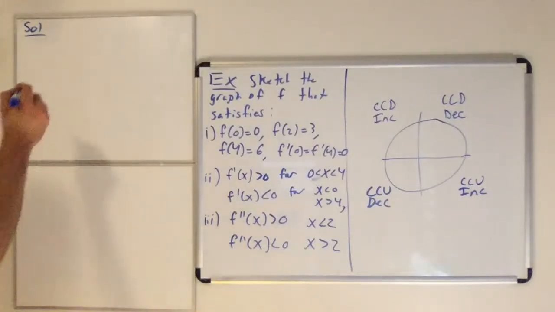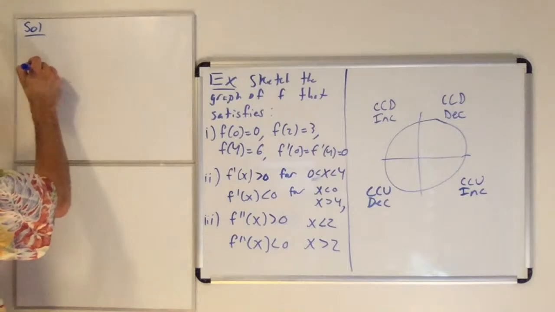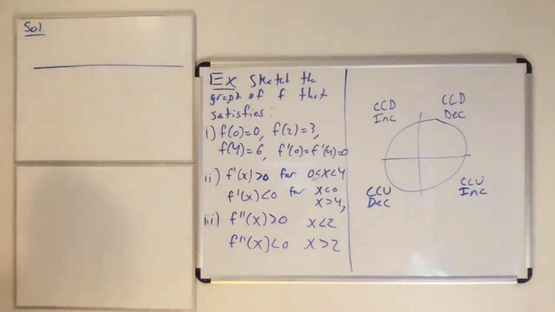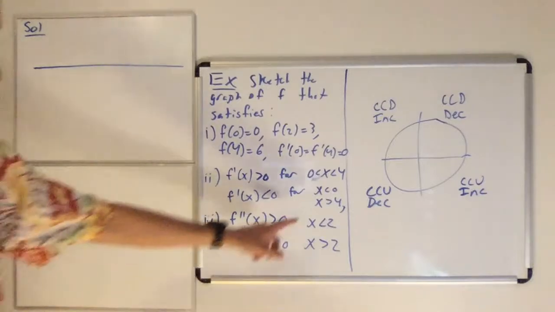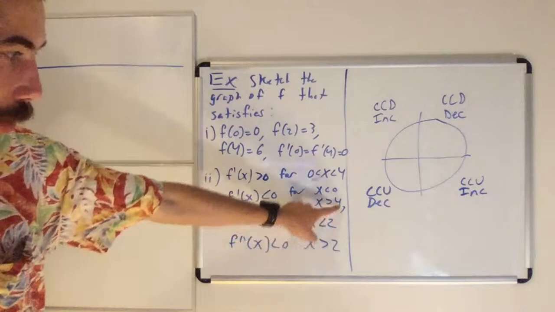So for instance, here we have our number line. That's going to be representing our domain. And we'll break it up at 0, 2, and 4.